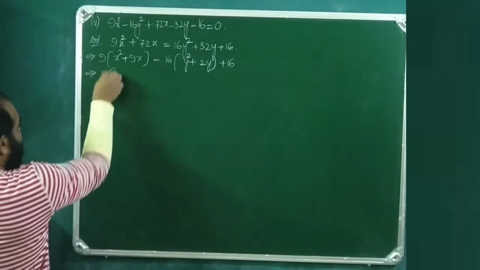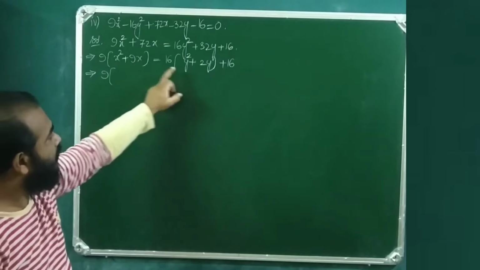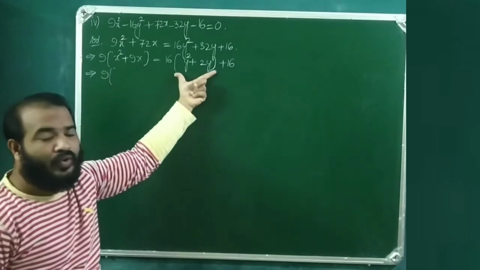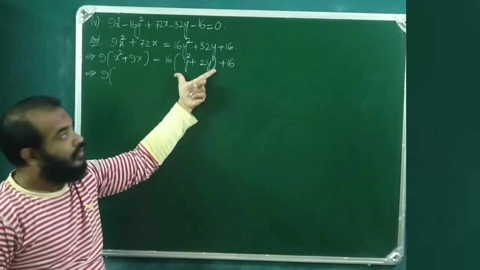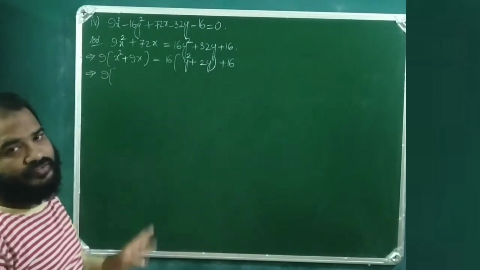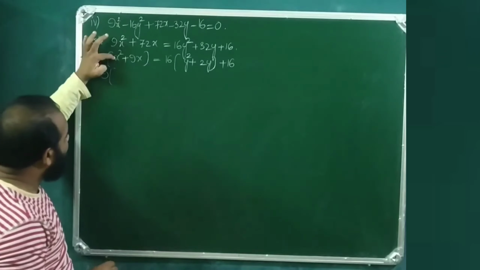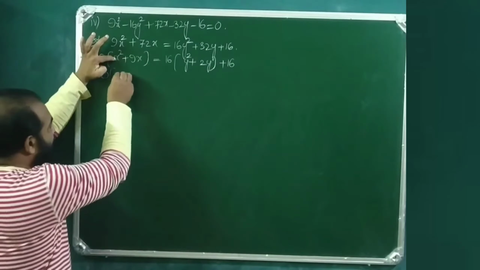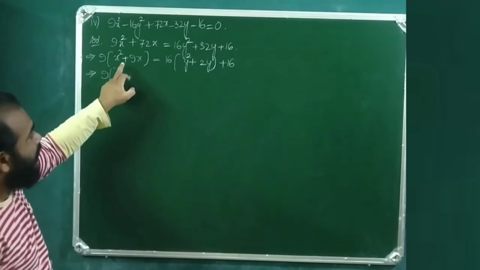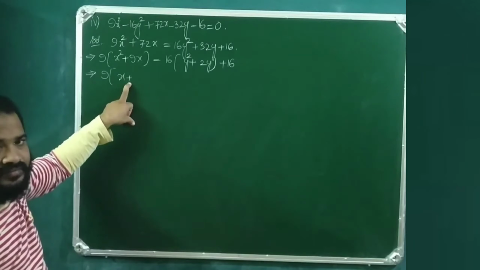Now this is 9 into x square plus 8x. This looks like a square plus 2ab, so we expect a plus b whole square. Had it been x square minus 8x, it would be a minus b whole square. We take x plus the same sign; if minus is there, minus has to be written here.